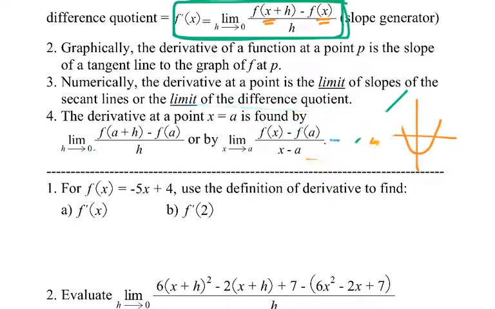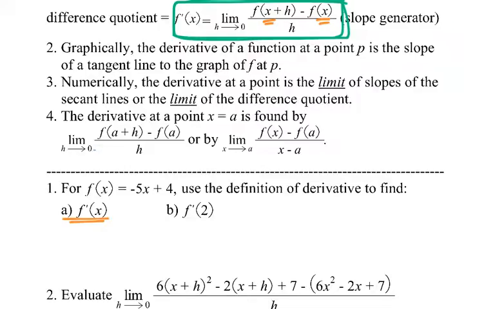Alright, so we've got our equation f of x equals negative 5x plus 4. And this is asking us to find f prime of x, which means that we're going to take the limit of f of x plus h minus f of x over h. And this is called f prime of x. And that's what's called the derivative.